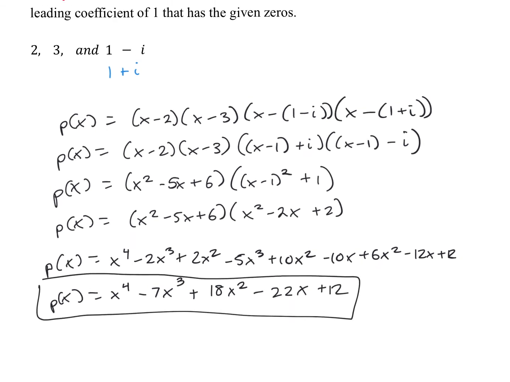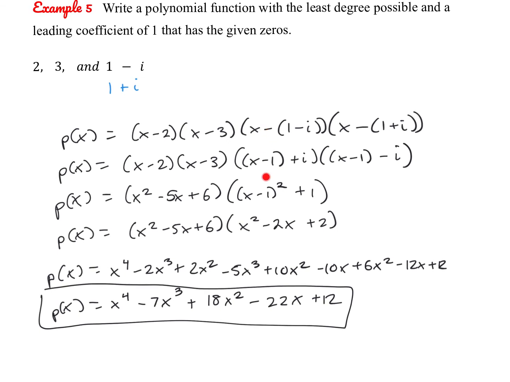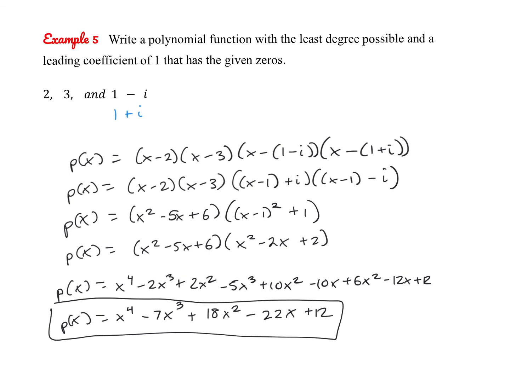And there you have it. So again, knowing that little trick of grouping the x minus 1s and then treating these like binomials might save you a little bit of time, but it's definitely not required to end up with the same answer.